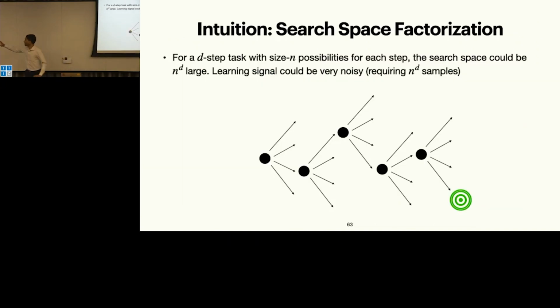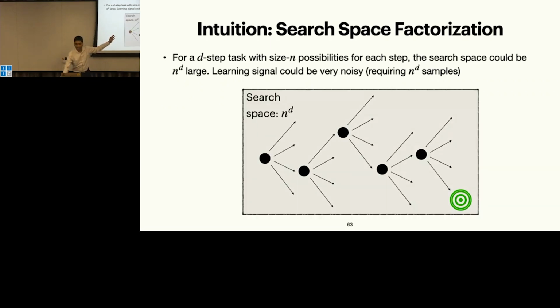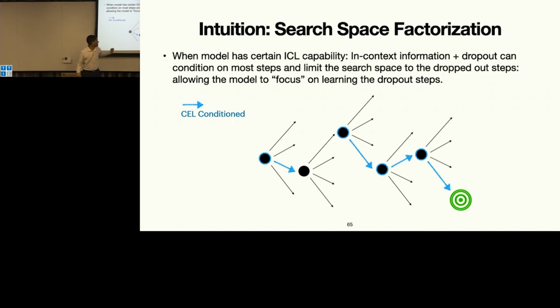So you need to go from the source to the target, and you need to search over different rules at each layer of the multi-layer translation task. Searching for rules in each layer is difficult because there are exponentially many possibilities. But if the model knows how to solve this task by having the context information, then it can simply condition on the steps.